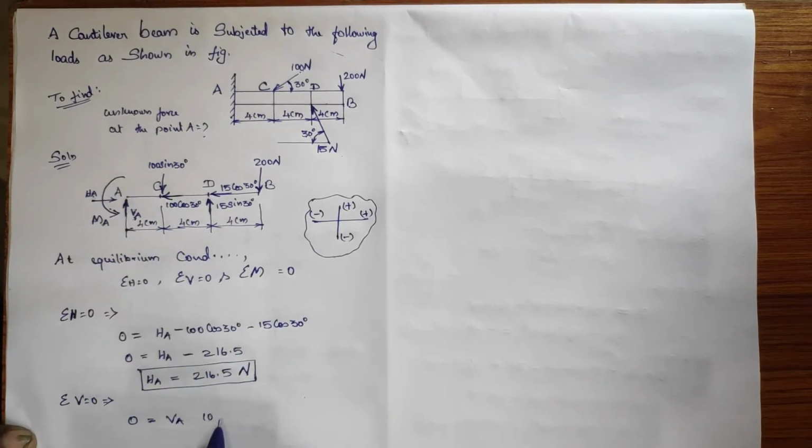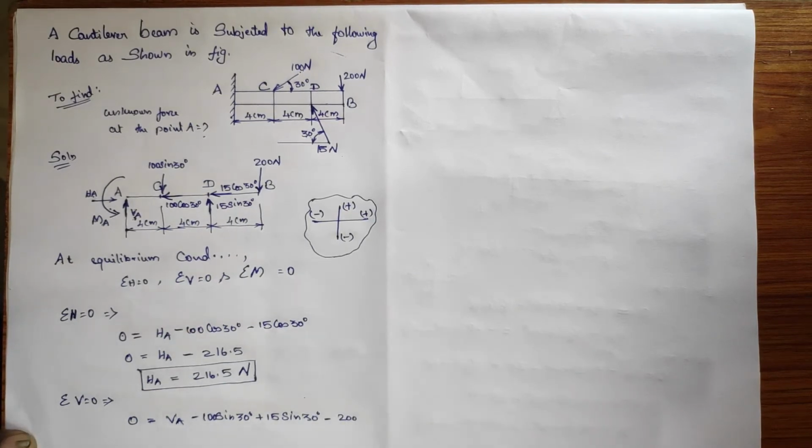And 100 sine 30 degree, which is a downward force, so it carries a minus sign. And here 15 sine 30 degree, which is upward, so it is a positive sign. Here 200 Newton is a downward force, so it is negative.